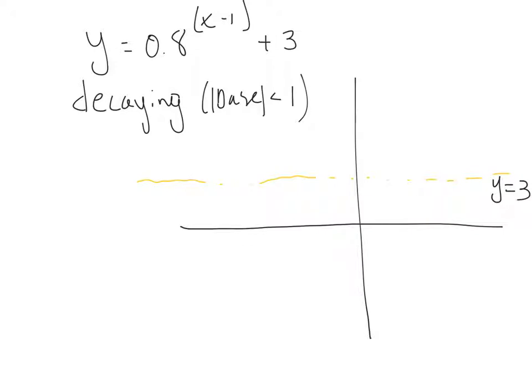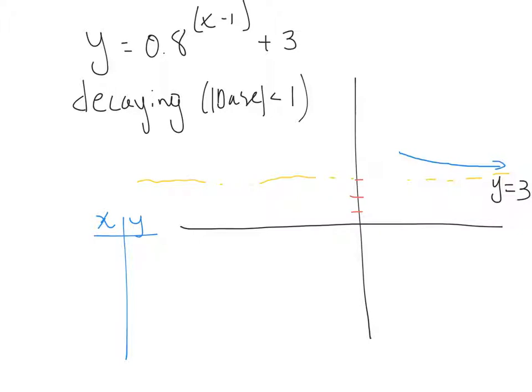But this time, since the problem is decaying, we're actually approaching y equals 3 on the big side here. So of course, let's mark that this is y equals 3. And what we want to do is find out what our values are when x equals various values.